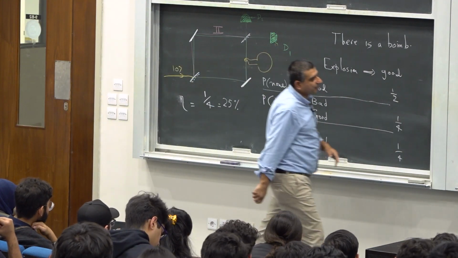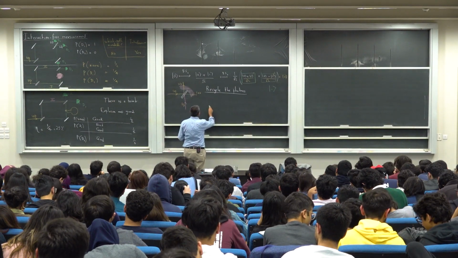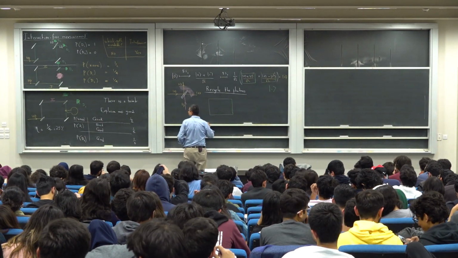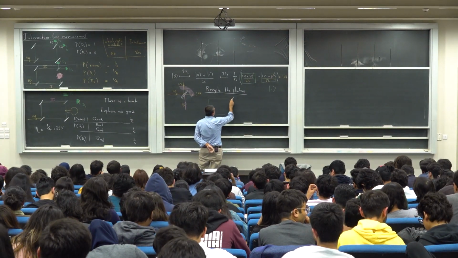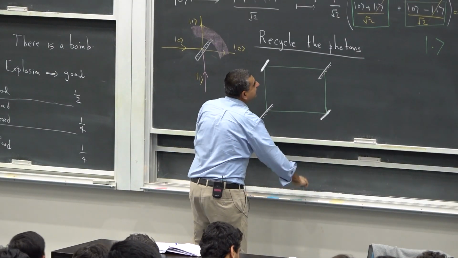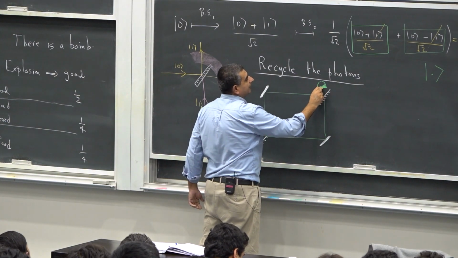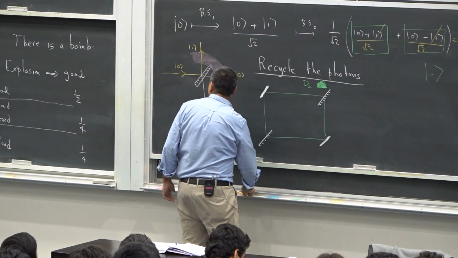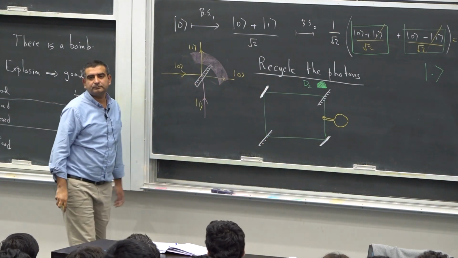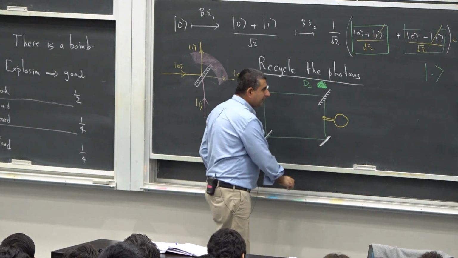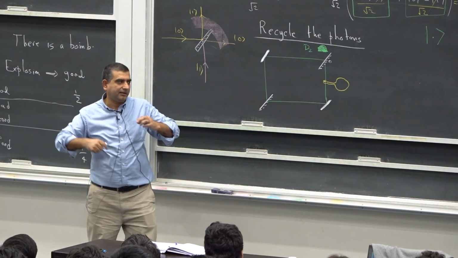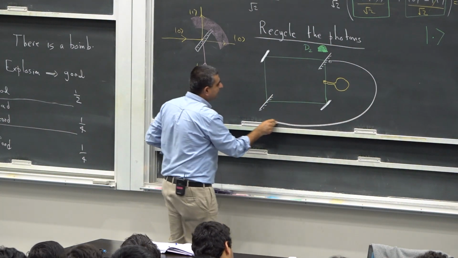So now, if I were to take this interferometer with just this detector D2 and, of course, my bomb as well, I would put an optical fiber, and the optical fiber takes this photon and puts it back here.